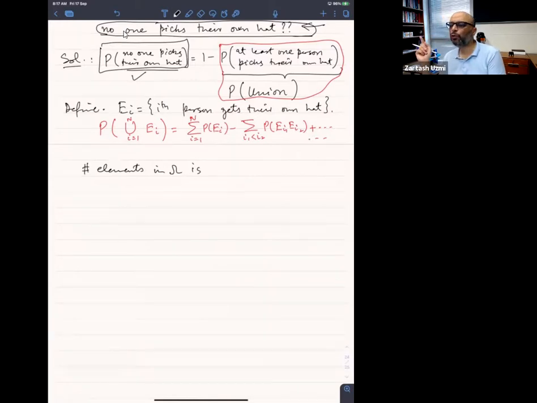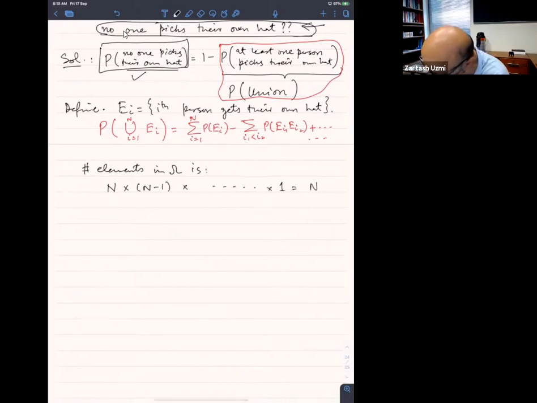For the second person you don't have n possibilities, you have n minus 1. So the number of elements in omega is: the first person can pick any of the n hats, the second person can pick from n minus 1 hats. The last person is left with only one hat, and has no other choice. So this is actually n factorial.